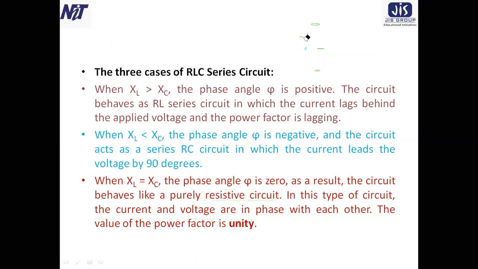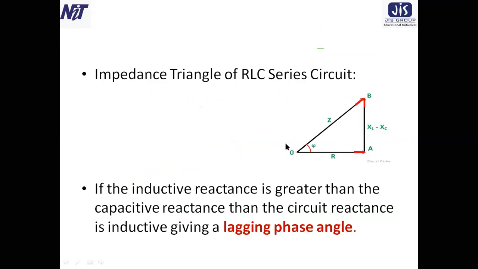Now, I already talked about this, but for clarification, I'm showing the impedance triangle of an RLC series circuit again. If the inductive reactance is greater than the capacitive reactance, that is XL greater than XC, then the circuit reactance is inductive, giving a lagging phase angle.